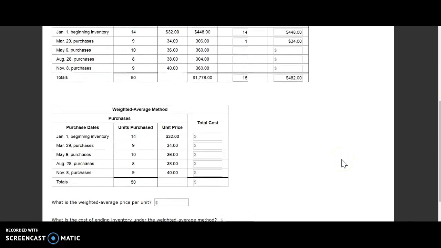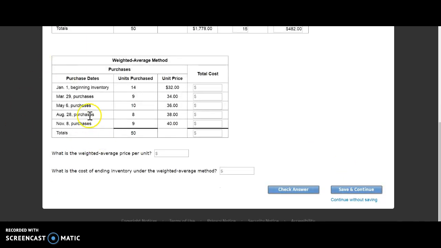Okay, last thing that I'm going to do is figure out my weighted average. So here they have some things that we need to fill in at the bottom. It says, what is the weighted average price per unit? I'm actually going to look at our total costs first. So let's do this. I'm going to take 14 times my 32.